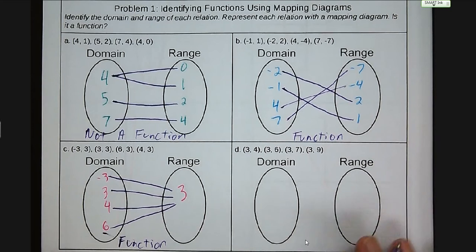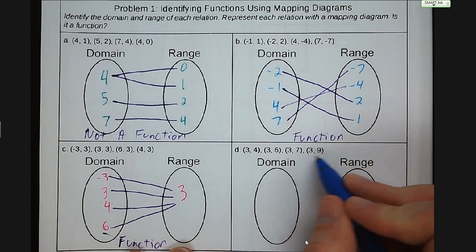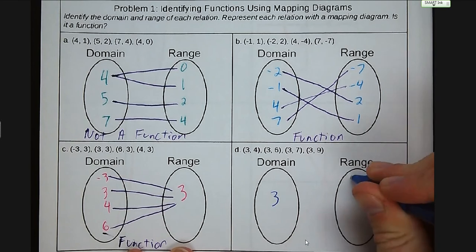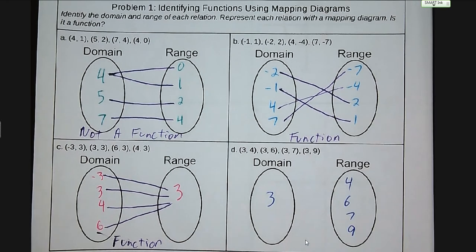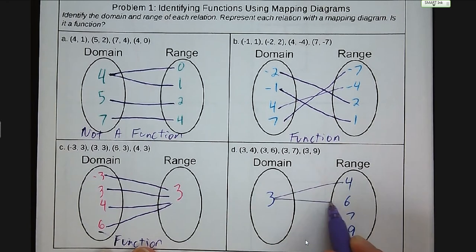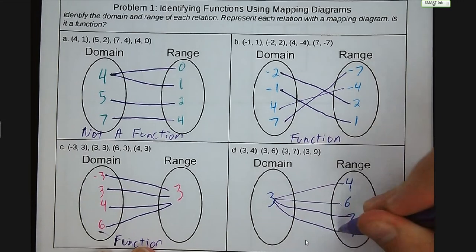All right, let's take a look at another special case with letter D here. So our domain, our inputs, we see all of them are 3, and our outputs are 4, 6, 7, and 9. So in this case, 3 goes to 4, it goes to 6, it goes to 7, and it goes to 9.